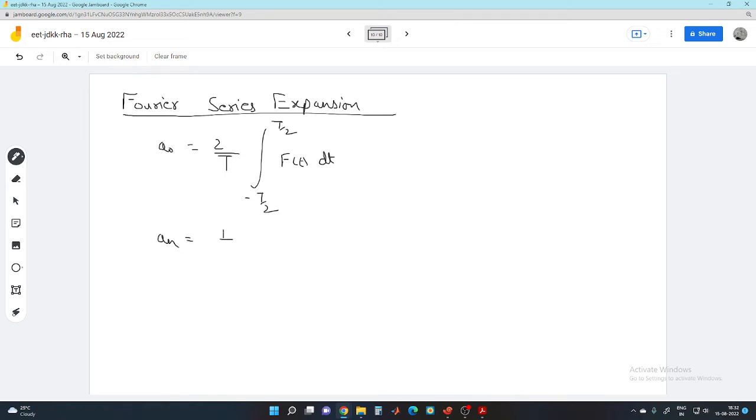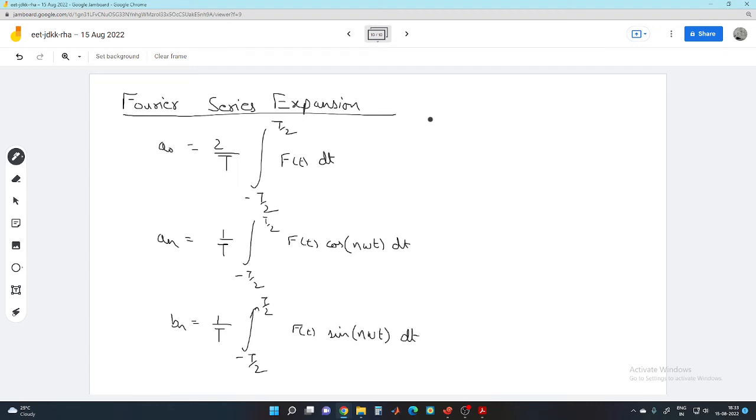An is 1 by T integral from minus T by 2 to T by 2 of f of t cos of n omega t dt, and bn is 1 by T integral from minus T by 2 to T by 2 of f of t sine of n omega t dt.